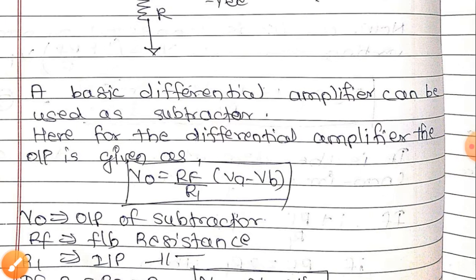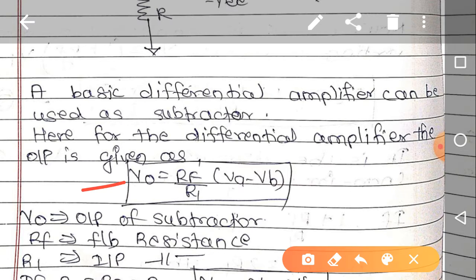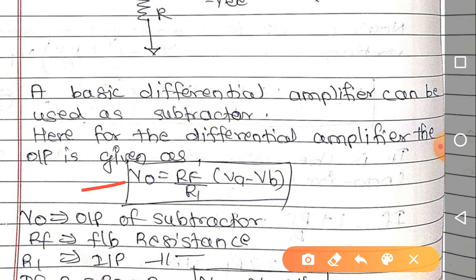See here, a basic differential amplifier can be used as a subtractor. Here for the differential amplifier, the output is given as, according to the basic definition and working of the differential amplifier, V0 is equal to RF upon R1 inside the bracket VA minus VB.